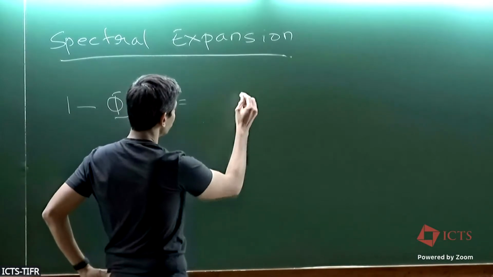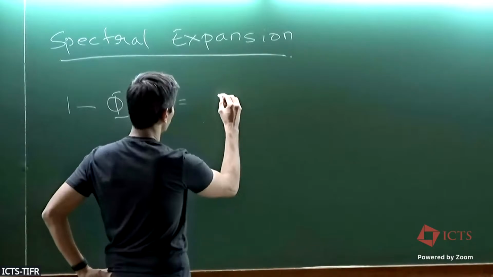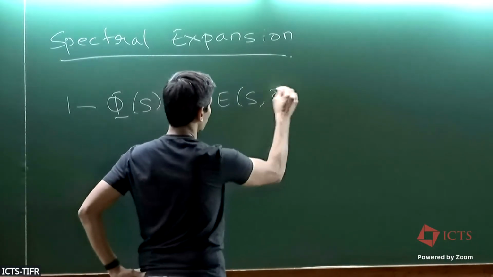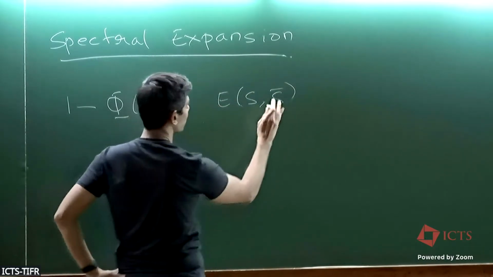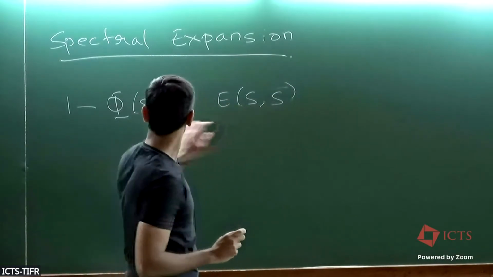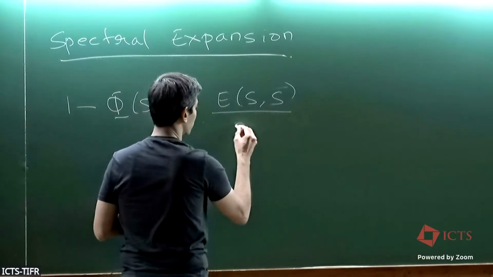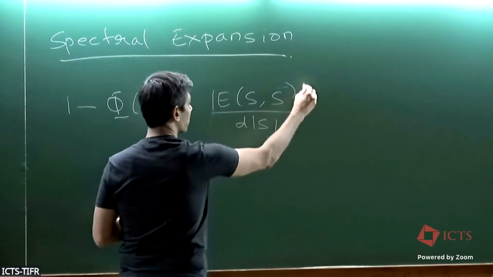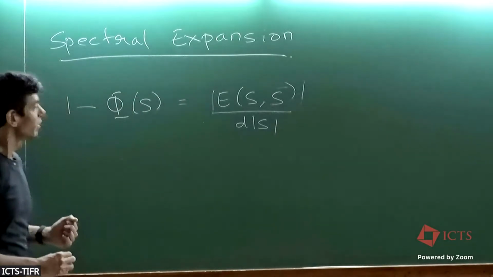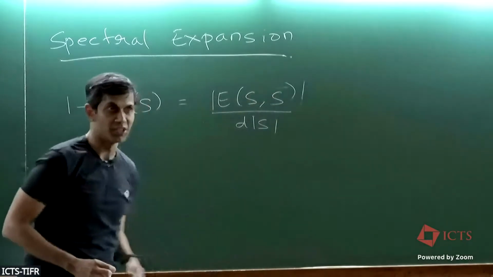Here we said this is equal to the number of edges that stay within S, because we are looking at 1 minus the expansion, divided by the total number. Right? So this was the number of edges escaping, this is the number of edges staying.